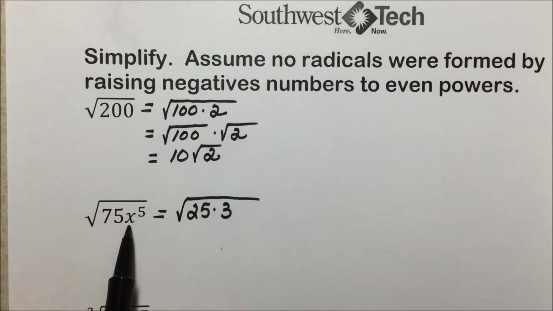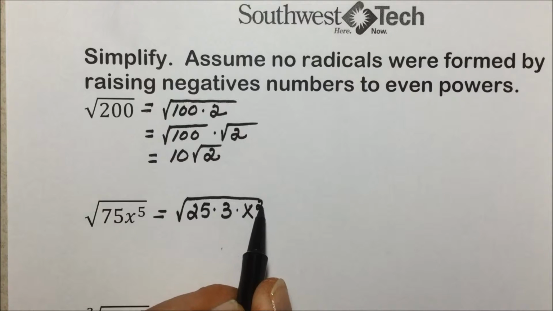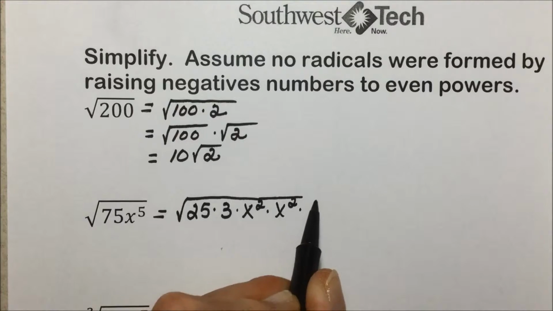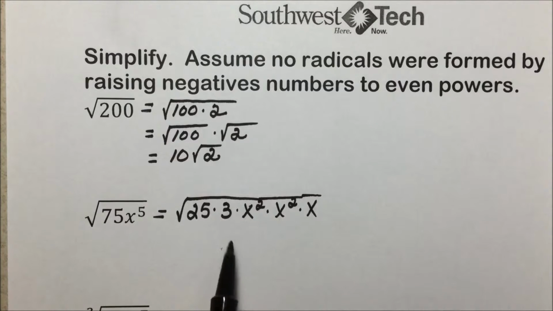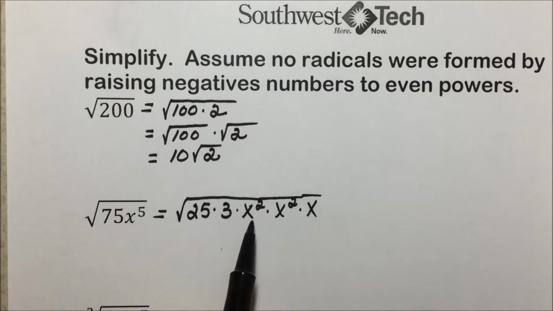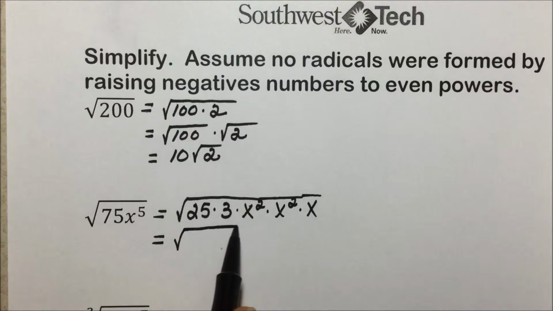And looking for perfect squares in terms of the variable, x to the 5th can be broken down into an x to the 2nd times an x to the 2nd times an x. If you multiply those common bases together, we do have the equivalent of x to the 5th power. Now we can take the square root of those perfect squares.